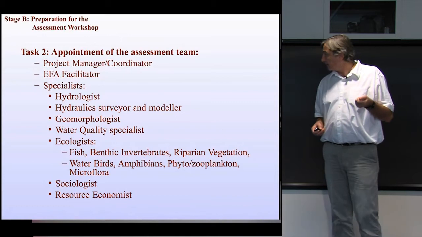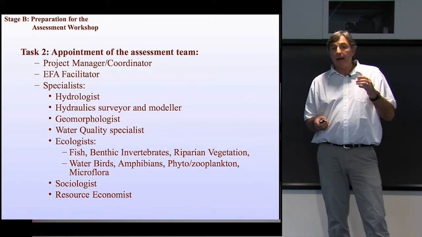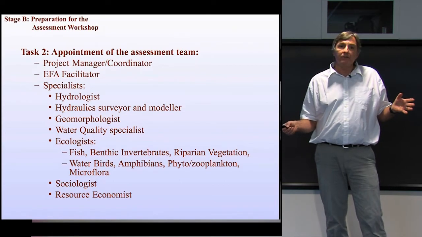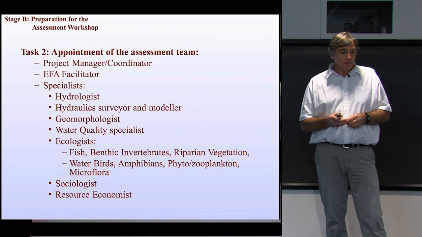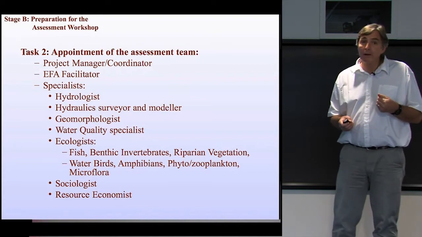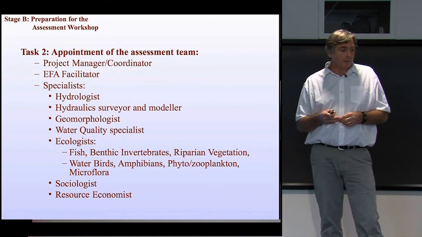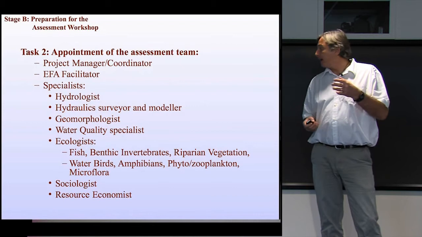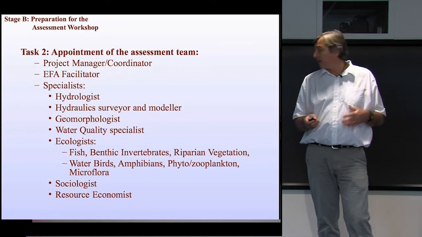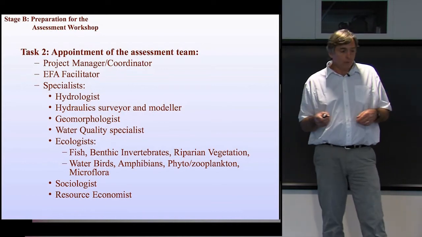Appointment of the assessment team, which will typically be led by a project manager or coordinator, who will have an environmental flow assessment facilitator, somebody who understands the whole process, who understands where the different disciplines fit in, and then the various specialists, a hydrologist, a hydraulics surveyor and modeller to provide the rated cross sections, geomorphologists to deal with sediment and channel shape, water quality specialist, and then a variety of ecologists, usually a fish ecologist, benthic invertebrate and riparian vegetation, but also possibly water birds, amphibians, phyto and zooplankton, microflora and so on.